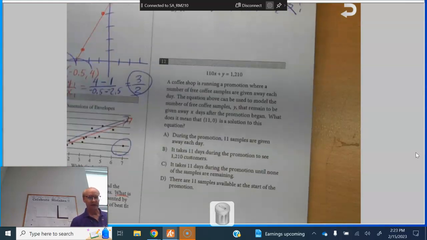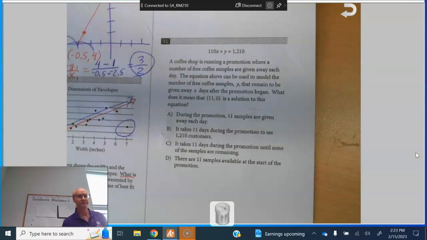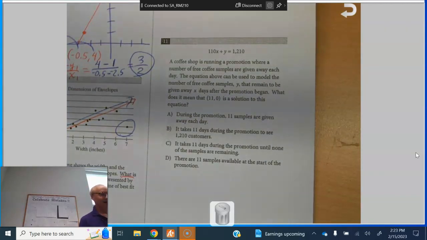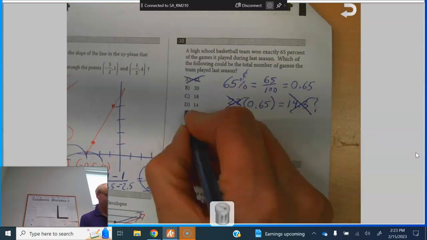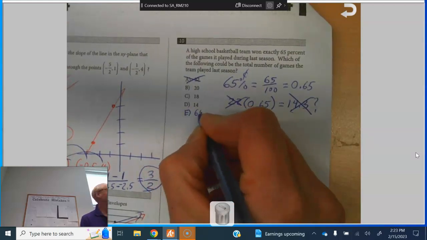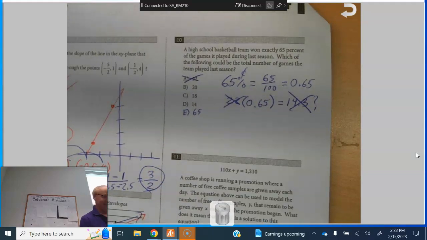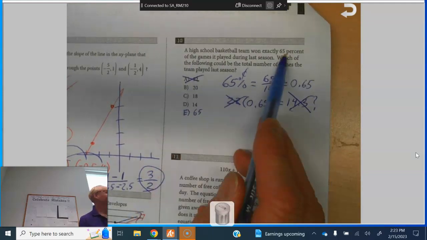I'll give you a minute to do that, then I'll look at number 11. Oh, by the way, the distractor I would add to this one if I were writing the test would be 65, wouldn't you? In case somebody's running along and they see 65.